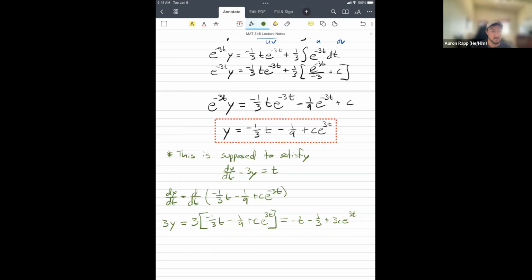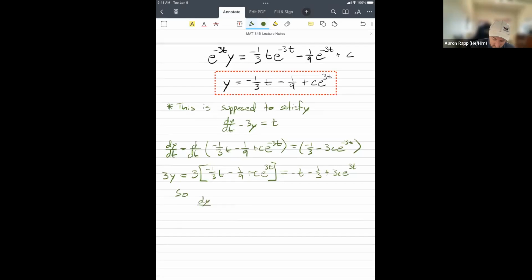And I take the derivative. The derivative of -1/3 t is just -1/3. I take the derivative of 1/9, which is a constant, which is 0. Then I add the derivative of e to the 3t, which is 3 times whatever that constant is, e to the 3t.